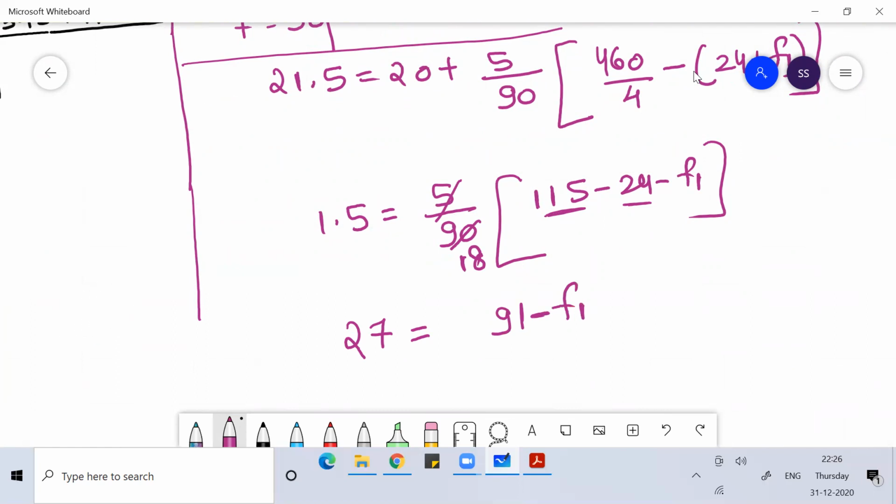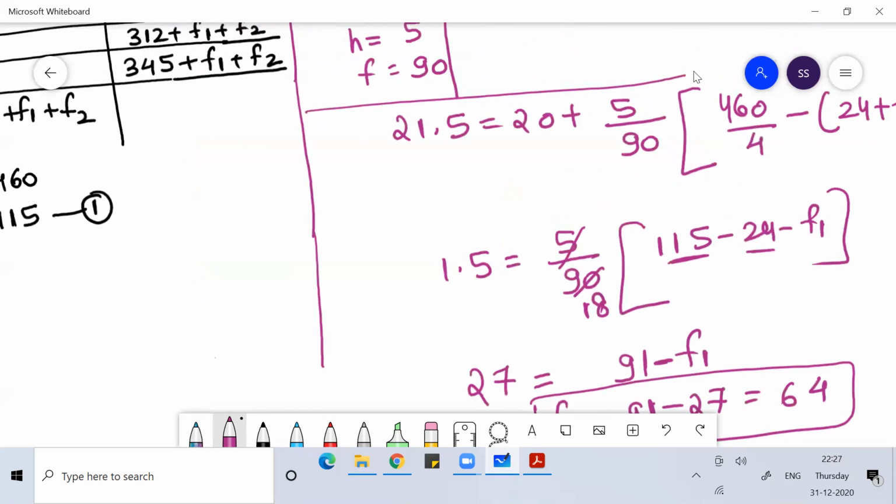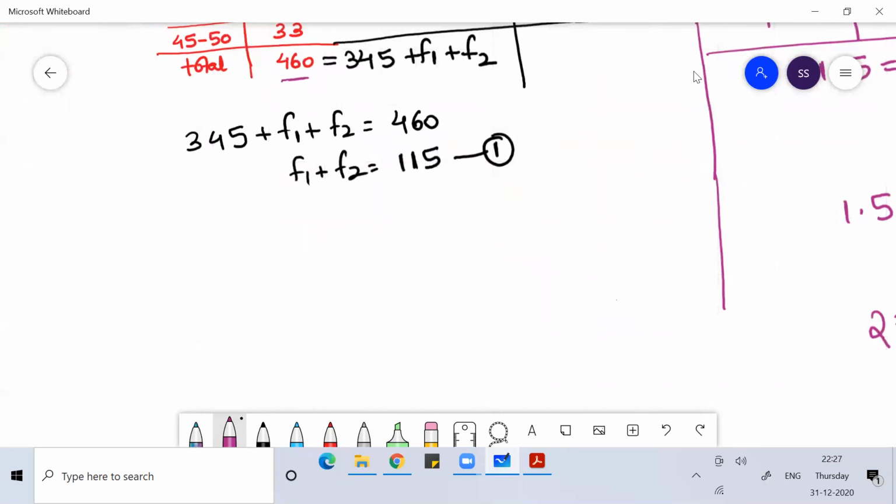With this you can find the value of F1. The value of F1 is 91 minus 27, which is 64. So the value of F1 you got is 64. Once you get the value of F1 as 64, you can put that value in the equation. So what is the value of F2?